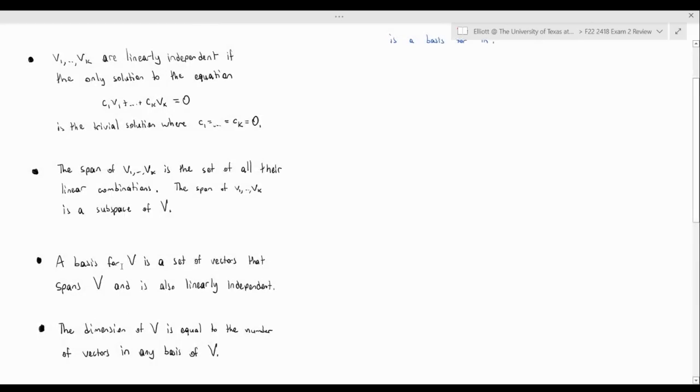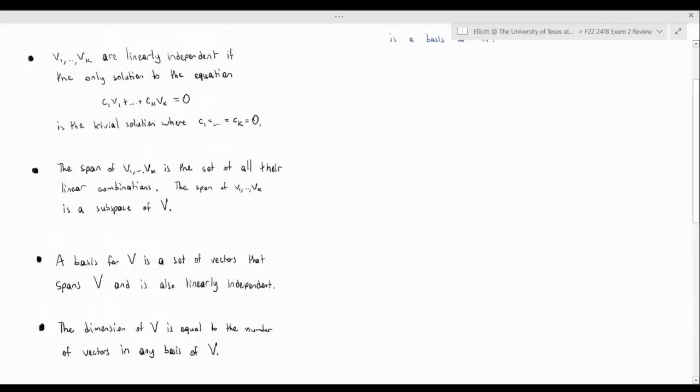A basis is a set of vectors that spans your space and is also linearly independent. And then lastly, the dimension of a vector space is defined to be the number of vectors in any basis of that space, okay? So this is a very quick rundown of some of the definitions.